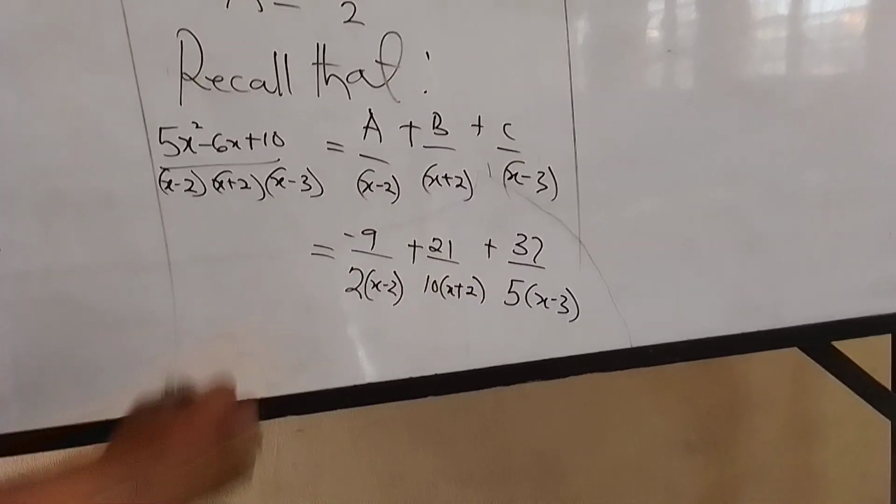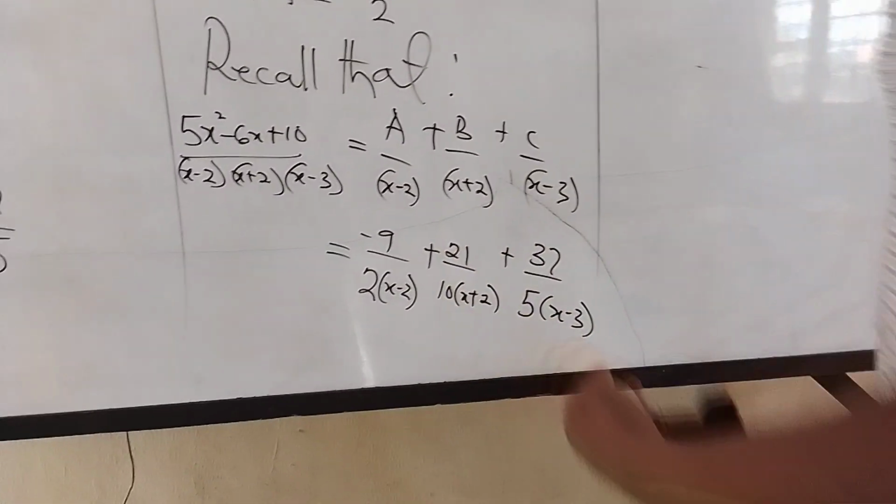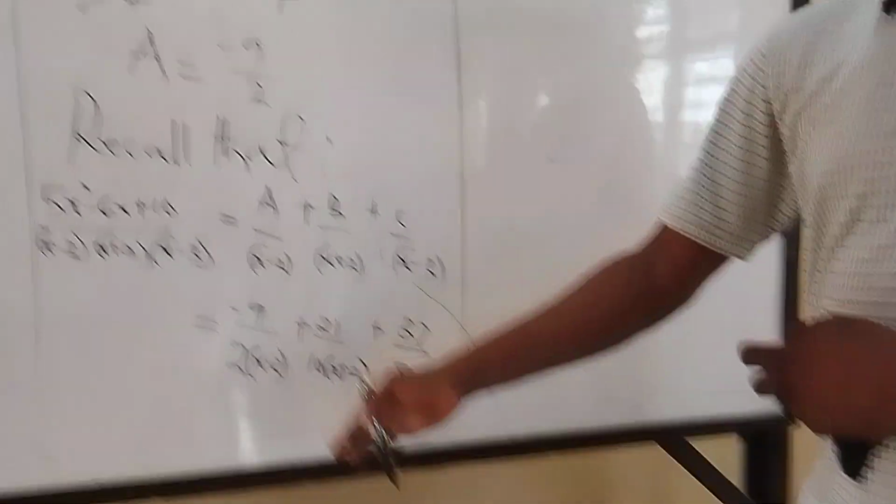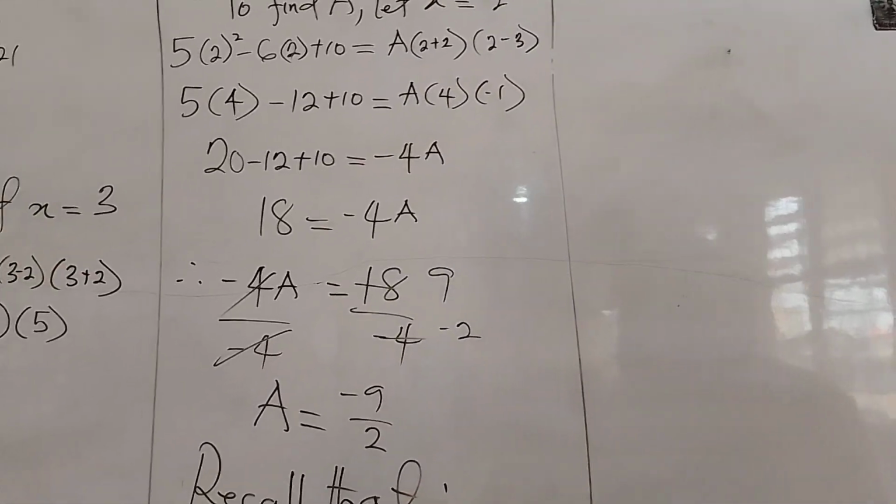over 5 into x minus 3. This is the answer. So we can rearrange, because I told you it is always good we bring our positive first before negative.